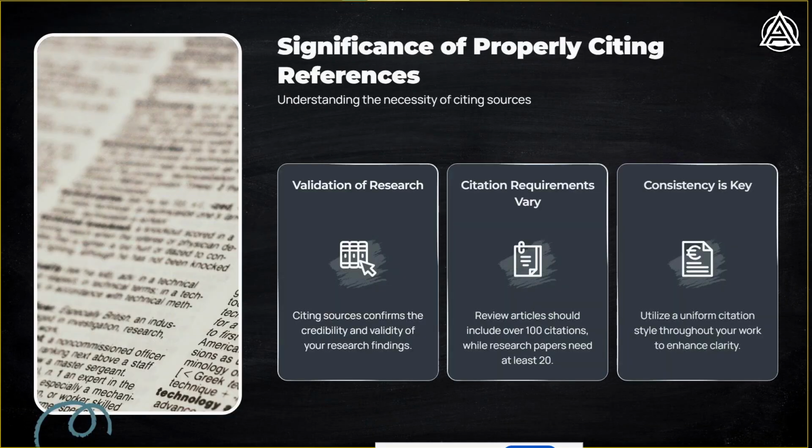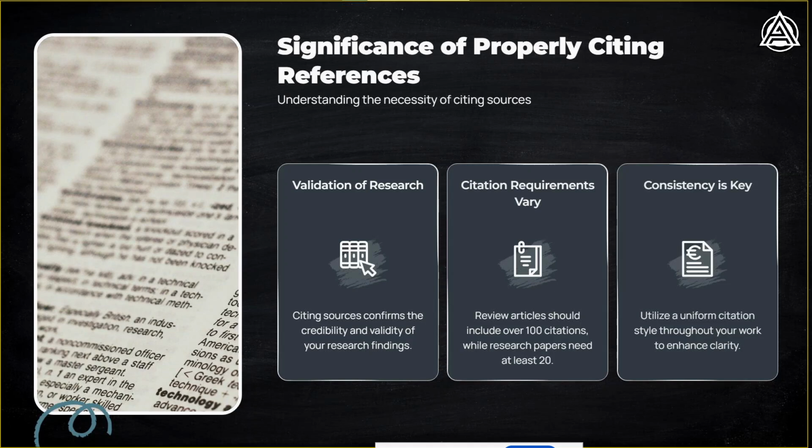Okay. Now, the significance of properly citing references. You guys know this. Citations, like references, help reviewers to validate your research and cross-check your content, and citation requirements may vary. This is important, especially for a review article. Let's say I'm proposing a research just by reading 10 research papers, and I'm proposing one more research by reading 150 papers.